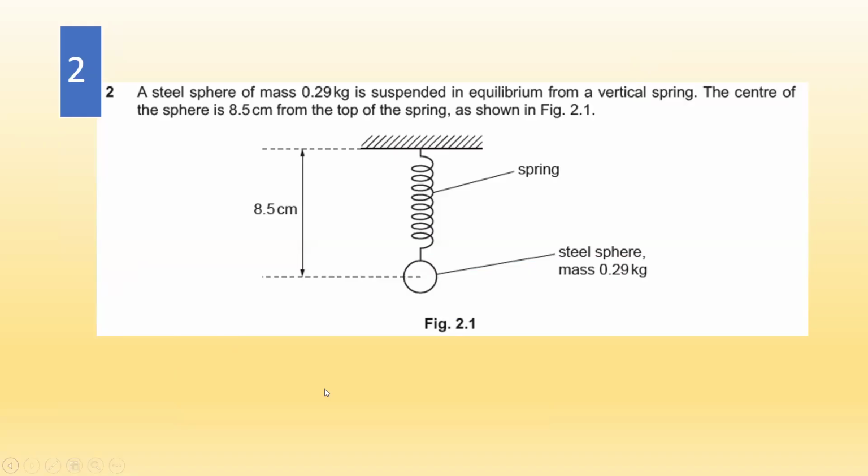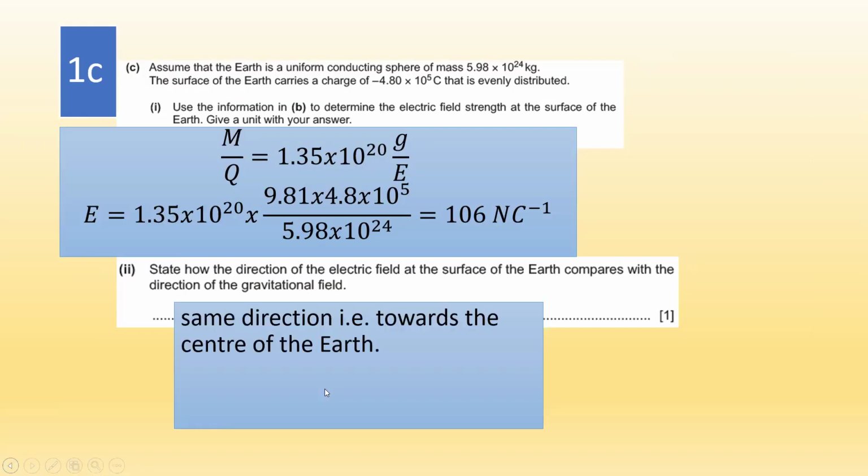The charge is negative, and the gravitational field is towards the center of the Earth. If it's a negative charge, the electric field is also directed towards the negative charge, which is the center of the Earth. You assume the charge is all concentrated at the center of the Earth.